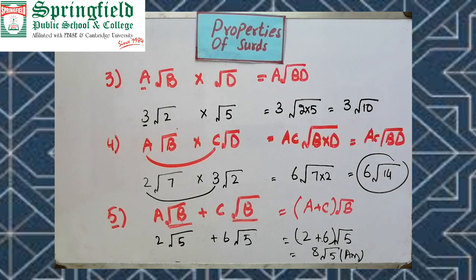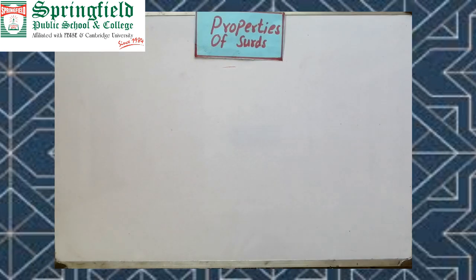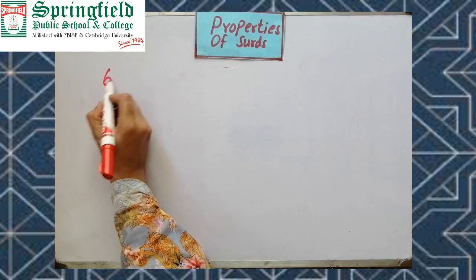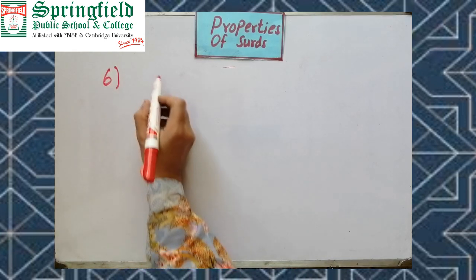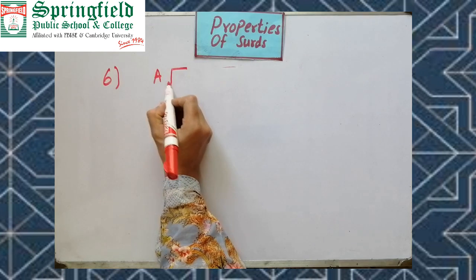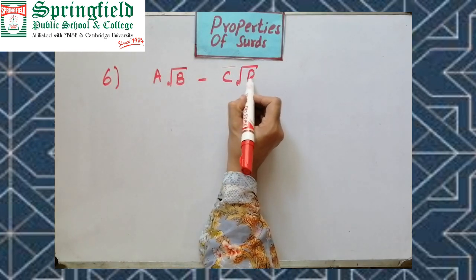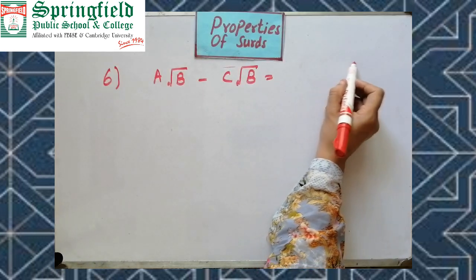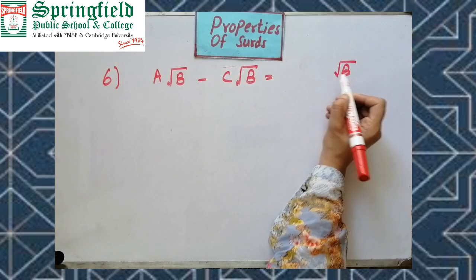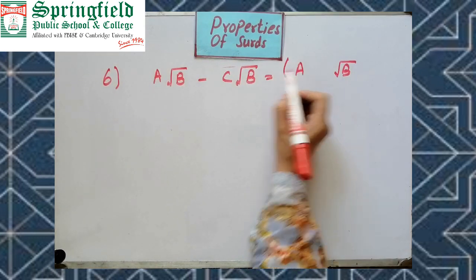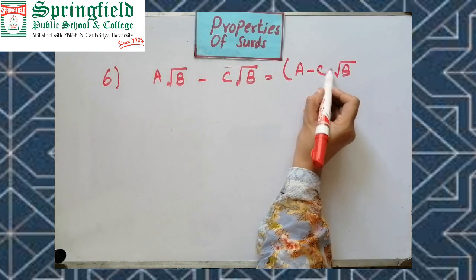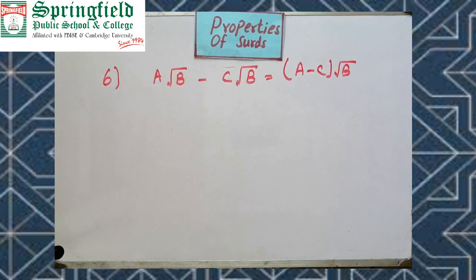Understood, beta? Okay. Now come to property number 6: A under root B minus C under root B. Same, we will take B common, then inside the bracket just A minus C is left.